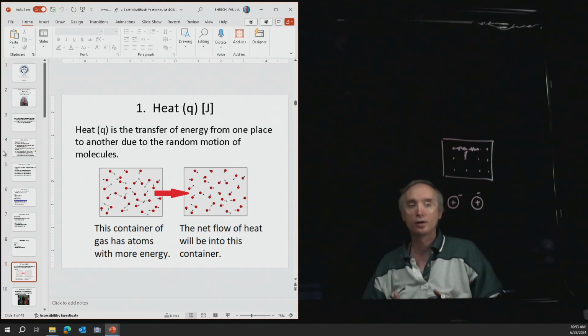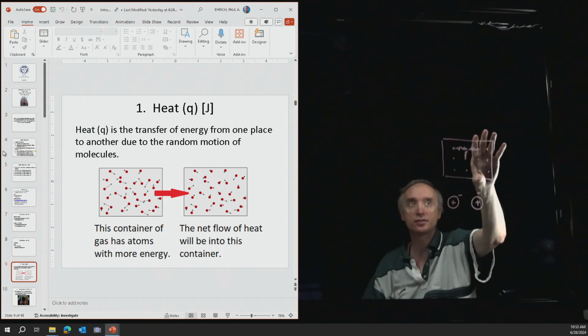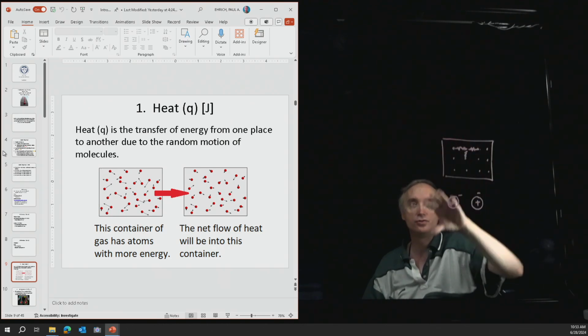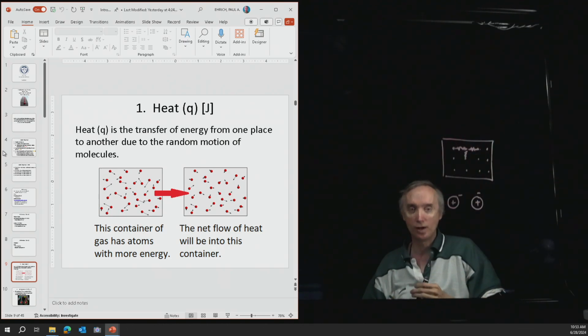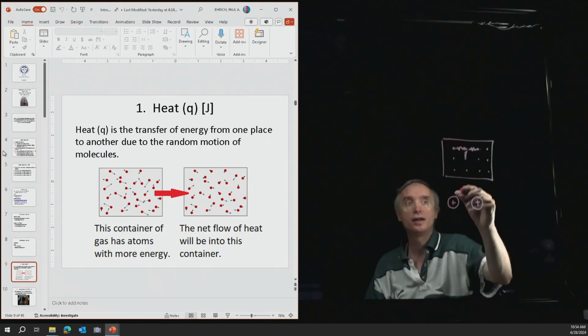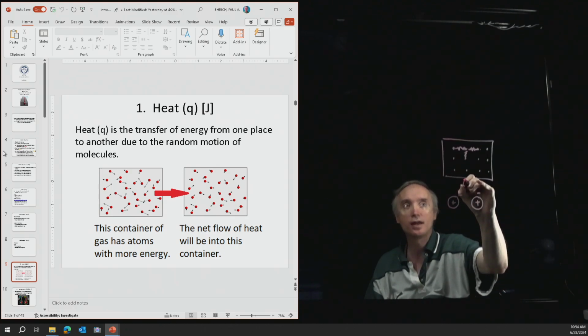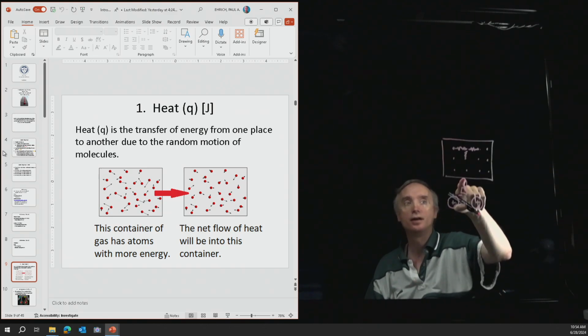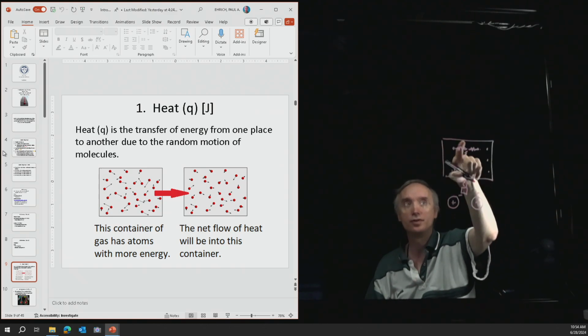Okay, now what we're going to do is transfer energy to this solid. We could do it in a multitude of different ways, but let's say that we have a candle. Here is our candle down here, and we're going to apply energy to this solid.